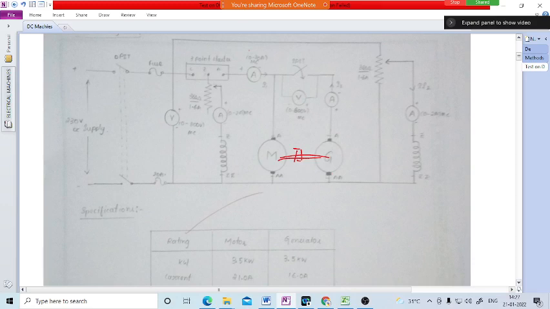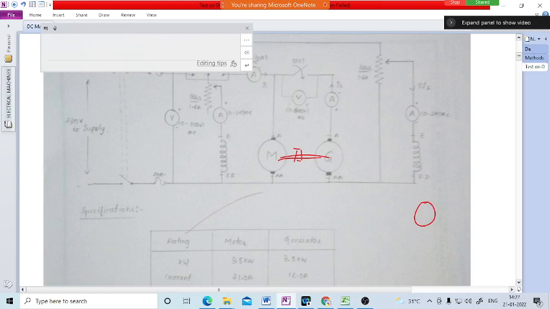Here the polarities: the generator's power goes as input to the motor. The main point in this back to back regenerative test is that if the losses in the two identical machines were zero, then even if you remove the supply, both machines would run continuously.